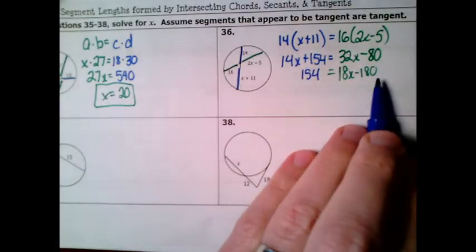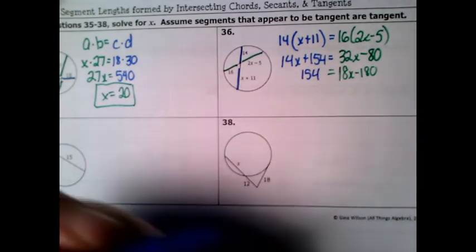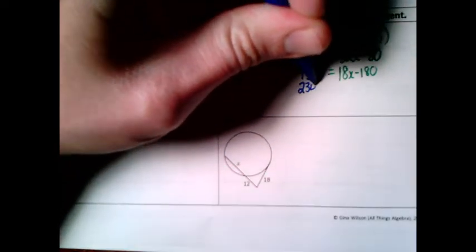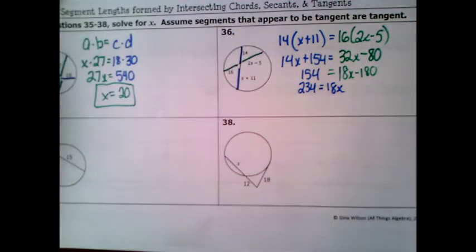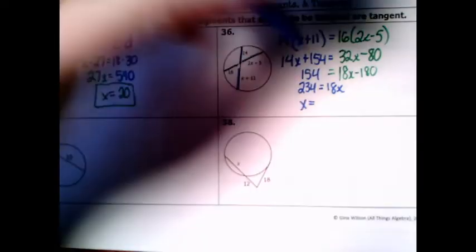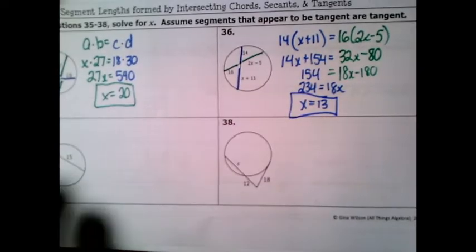And then I need to add 180 over here, which gives me 234 equal to 18x. Divide by 18, and x is 13. There you go.